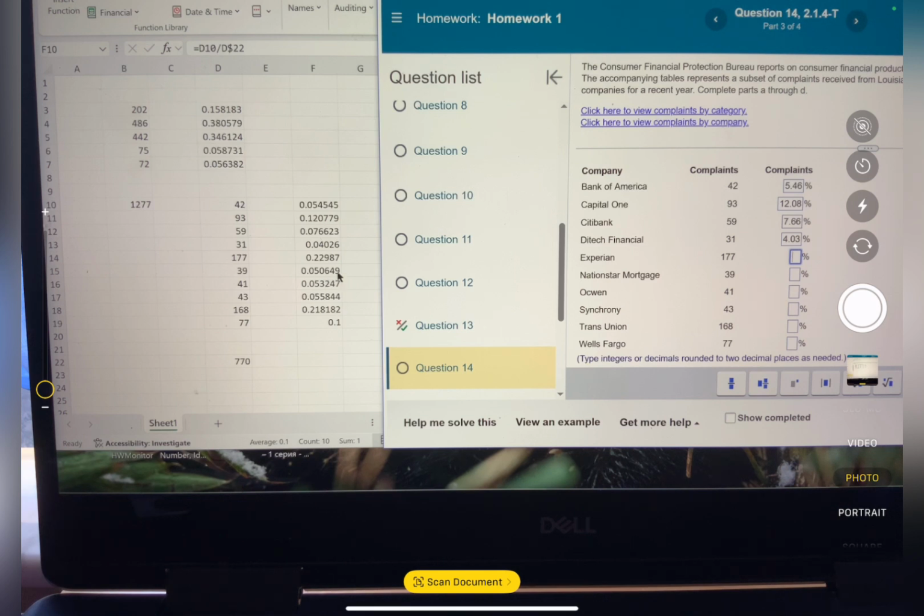Then 5.07, because the 9 rounding here will be 5, and here it's going to be 7. 5.07. Then 5.33. Then 5.58.